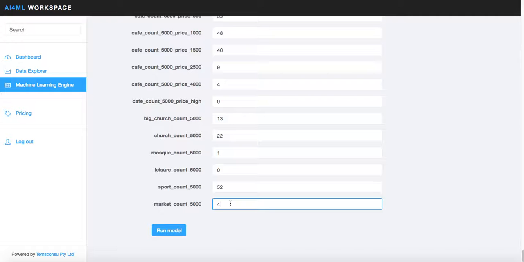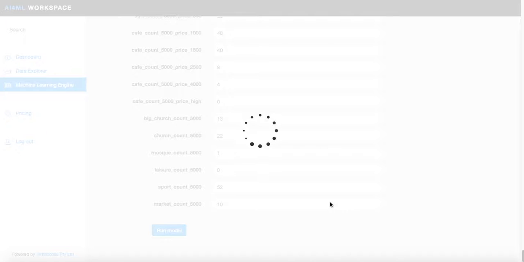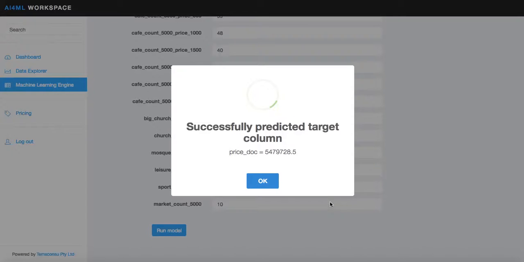Let's say 10 instead of 4, and try to run our model.